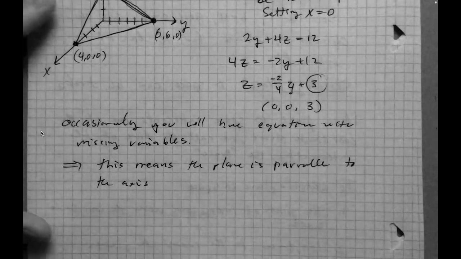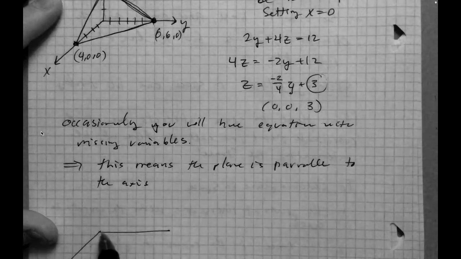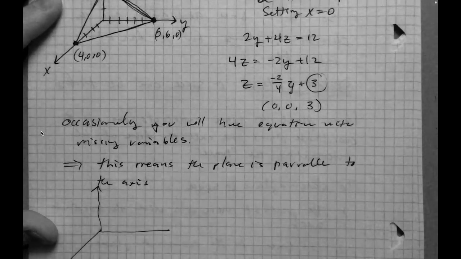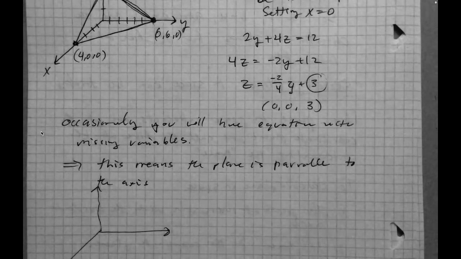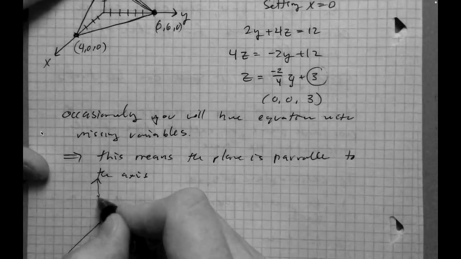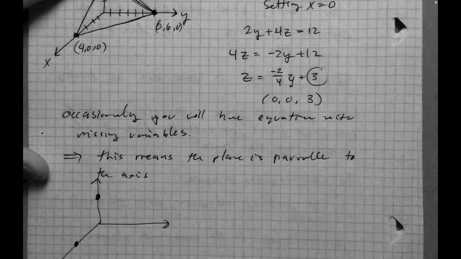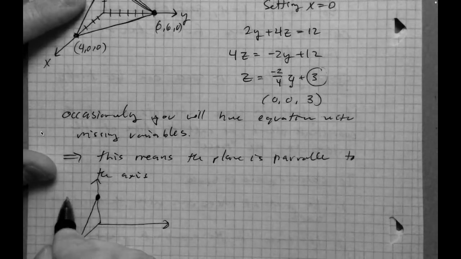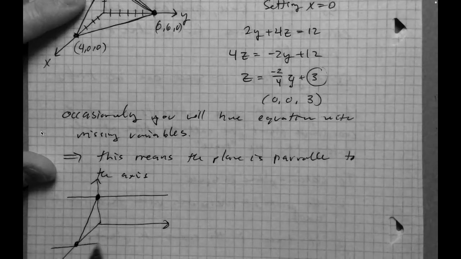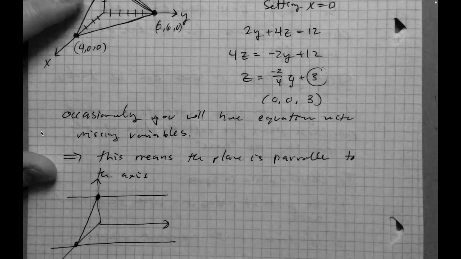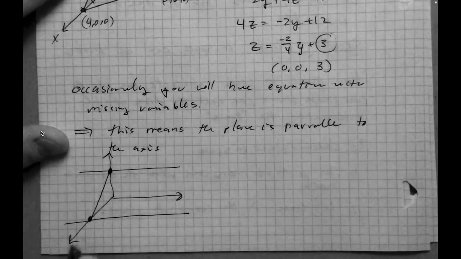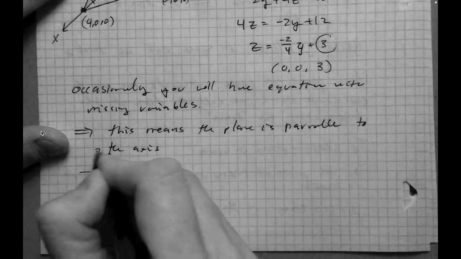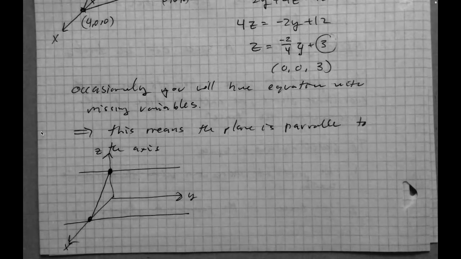So for example, let's draw a picture here. If I had it intersect here and here, and then let's just say the plane extends this direction, and it never crosses. This is the x, y, and z axis. It never crosses the y-axis, right?